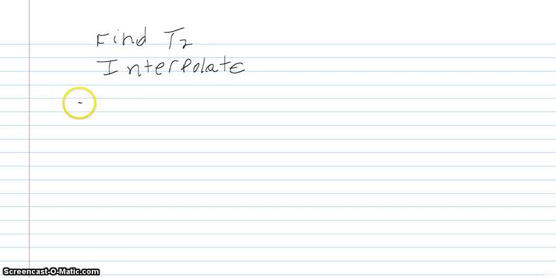So now we look at PR2 in the tables and try to find T2. Well, to find T2, we have to interpolate. Yay. Everyone's favorite tedious work. Alright, so T2 minus 550 equals 560 minus 550, over 12.66 minus 11.6.